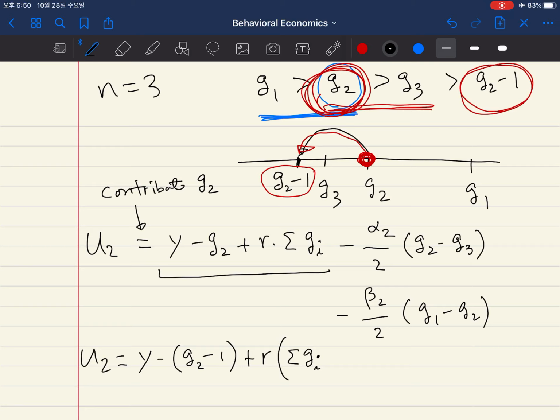So this is the previous amount of total public good. Now we have to subtract 1 unit. So total public good is now 1 unit less in this group.